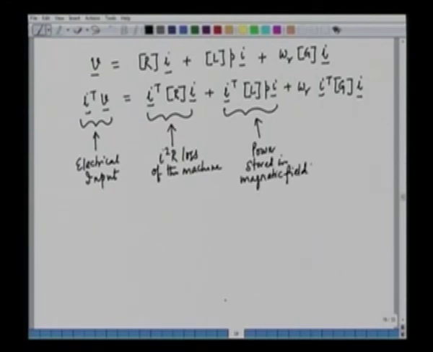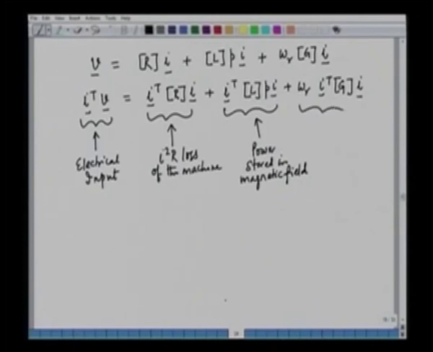This is not converted to the mechanical power. This is the power stored in the magnetic field, due to the self inductances and the mutual inductances, and this power is not converted to the mechanical output. The third term is the mechanical output, so we can say that this is the mechanical power output.